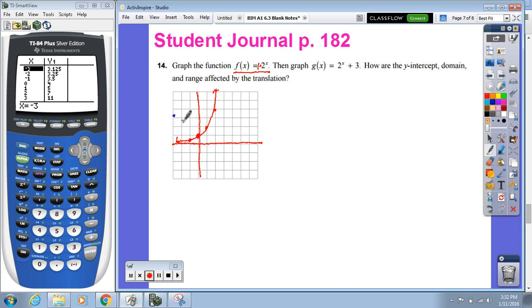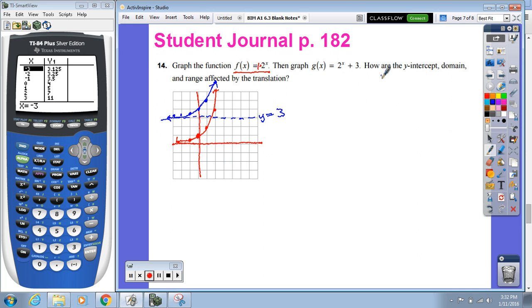At -2, it's at 3.25. -1, it's at 3.5. 0, 4, 1, 5. 2 is going to be at 7. So that looks like it's going to curve and get closer and closer to this line at 3. This is y equals 3, and that's probably the asymptote.